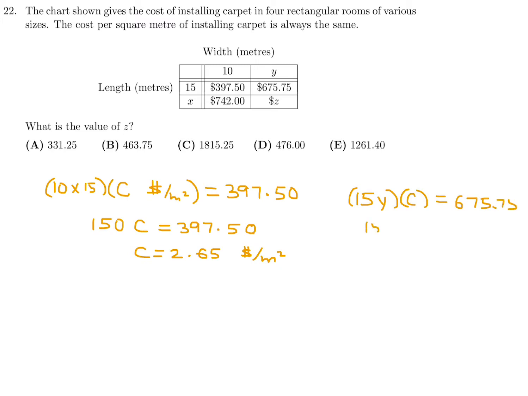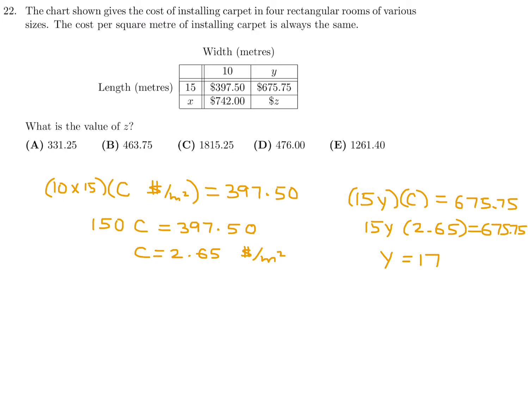Well, 15Y, the cost we just figured out was 2.65. So we got 675.75. And then now we can just divide through here to get Y. And when you do, you get Y is equal to 17.